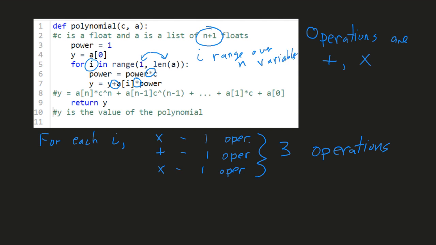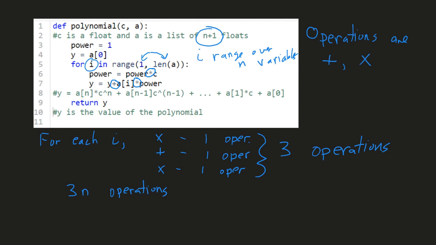The length of a is n plus 1, but I'm not starting at 0, I'm starting at 1. So I'm going to have n values, which means I'm going to have 3n operations.